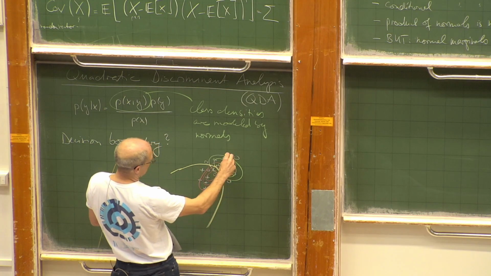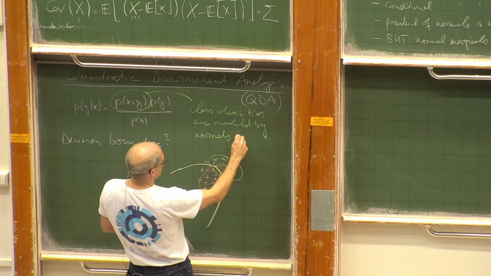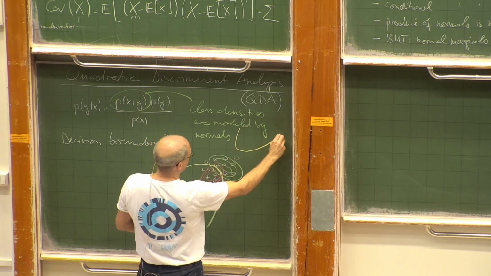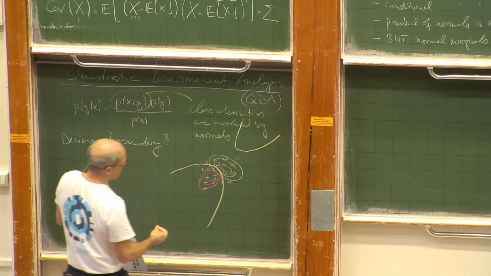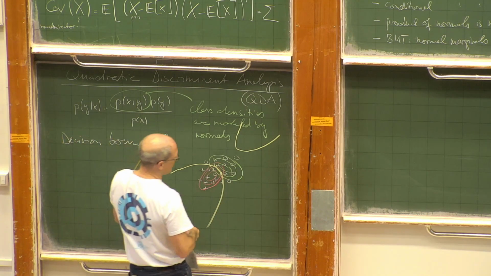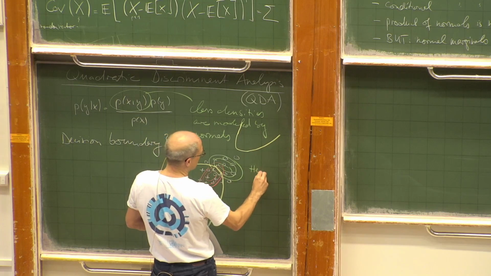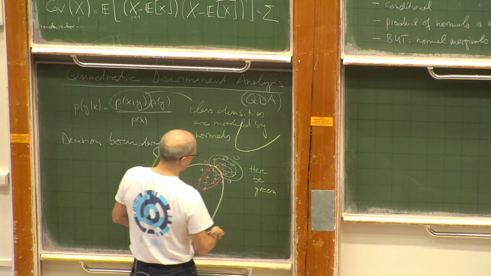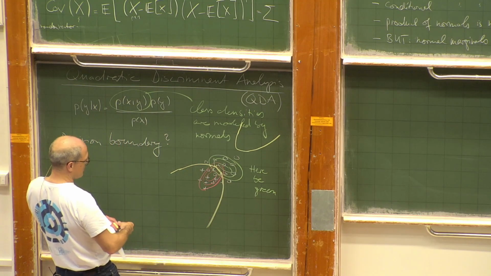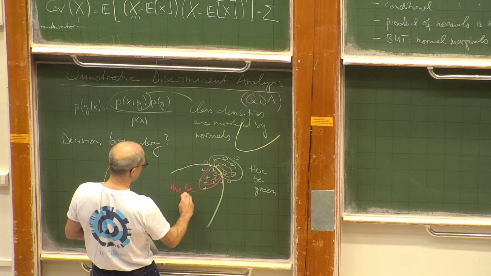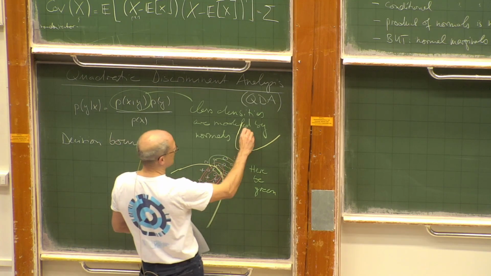So I will have another part of the decision boundary which lies up here. So what this decision boundary tells me is that it says here be green. And it says that here be red. And it says that here also be red.